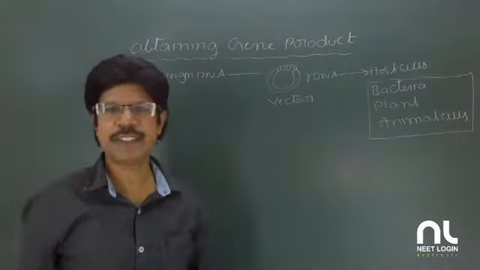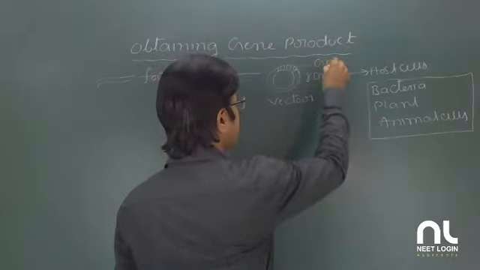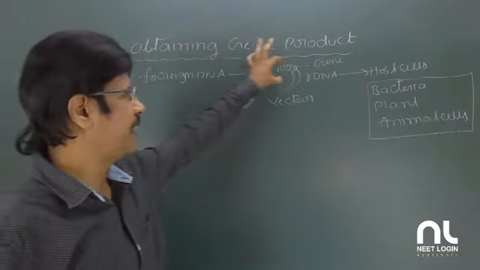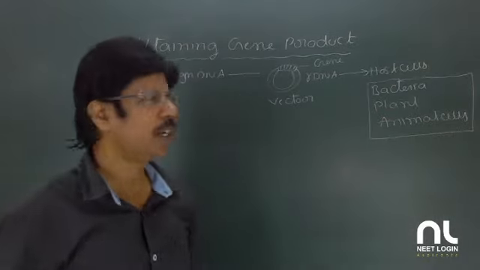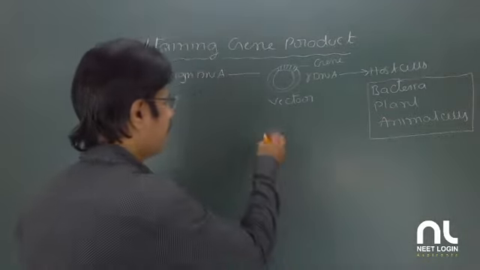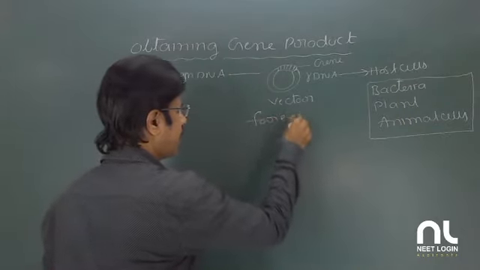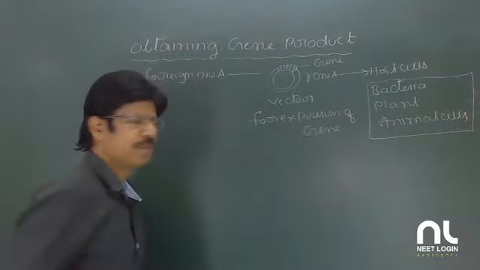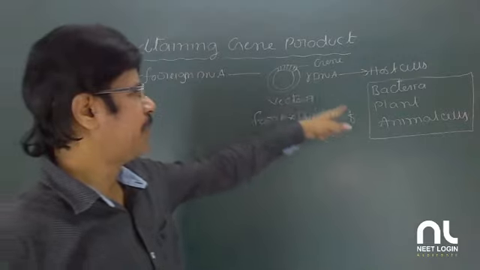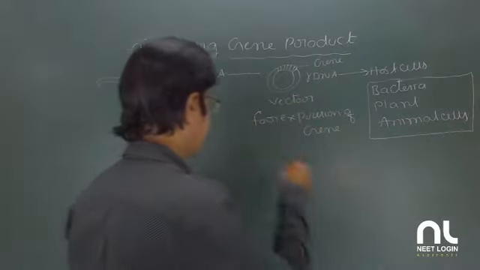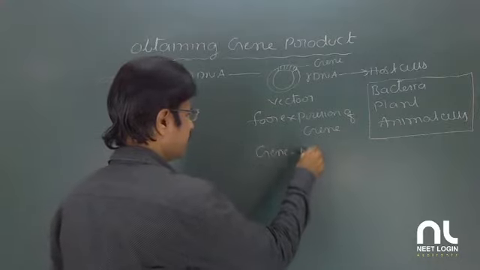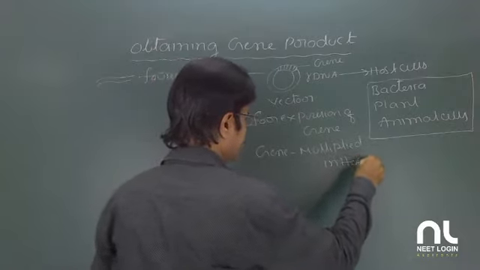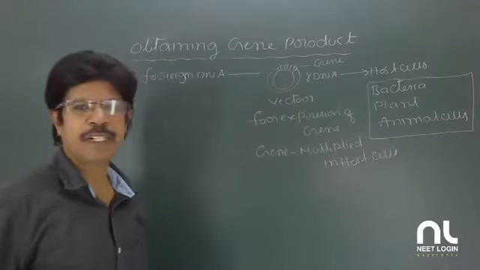Why? For expression of the gene of interest. So, as we inserted the foreign DNA into the vector and transferred it to the host cell, for what? Expression of the gene. So, the gene got multiplied in the host cell. The desired gene multiplied in the host cell.